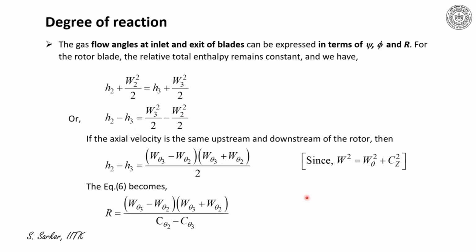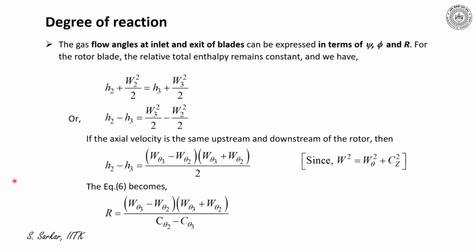Considering the velocity triangle, I can write W squared is equal to W theta squared plus Cz squared. So putting the value of W3 squared and W2 squared in this expression, I can write H2 minus H3 is equal to (W theta 3 minus W theta 2) into (W theta 3 plus W theta 2) divided by 2.